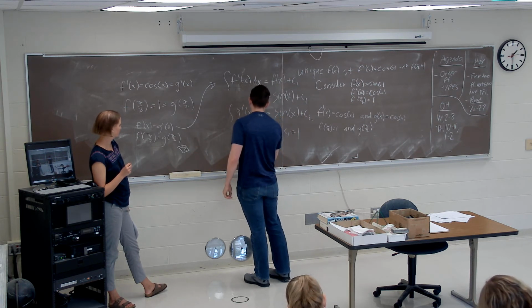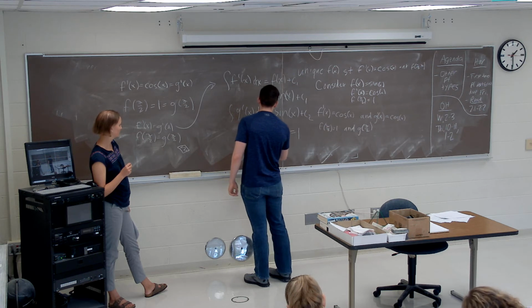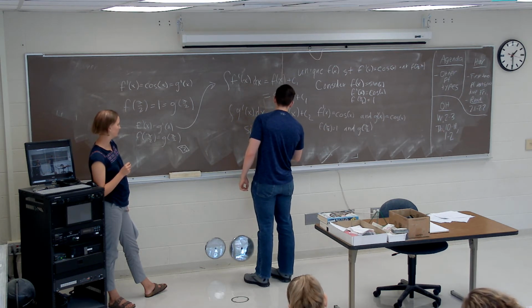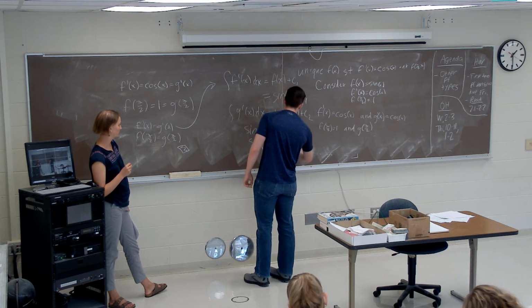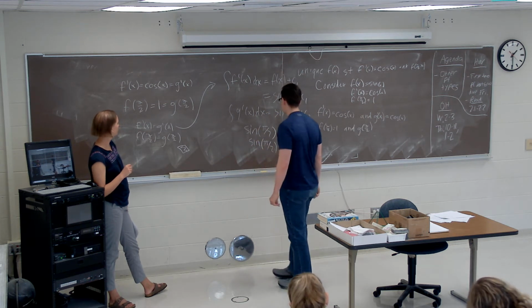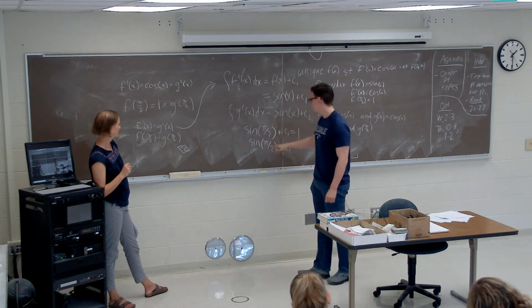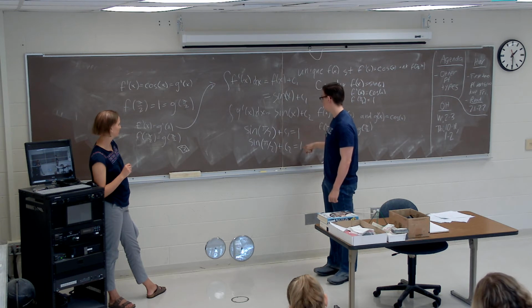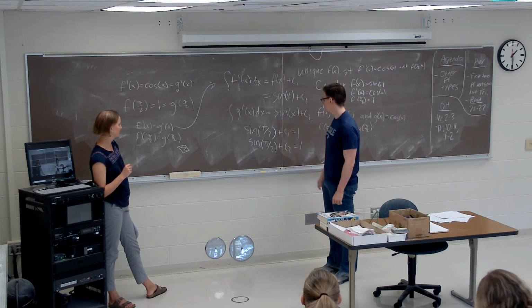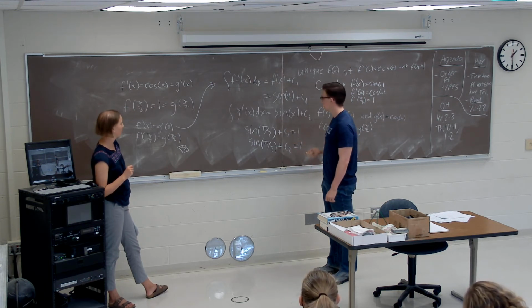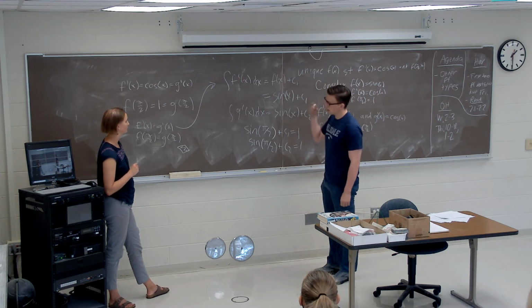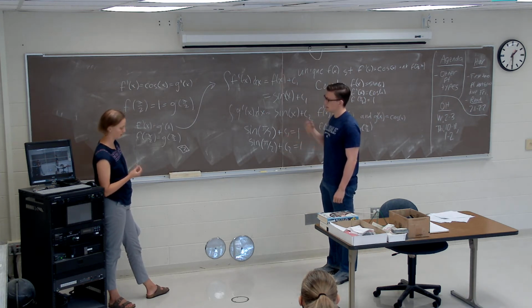So again, by the same logic, sine of pi over 2 plus c2 equals 1. These are equal to 1, so if you subtract on this side, you arrive at the conclusion that c1 and c2 are the same. And thus you can conclude that f of x equals g of x.